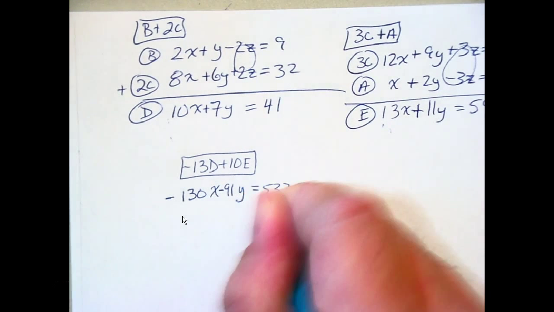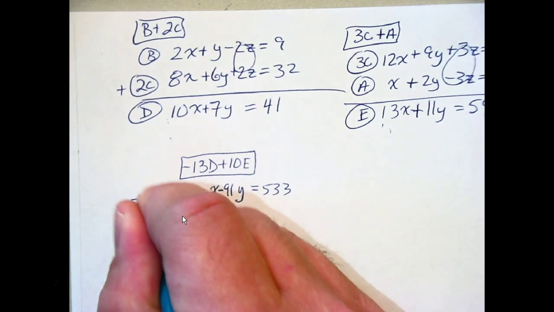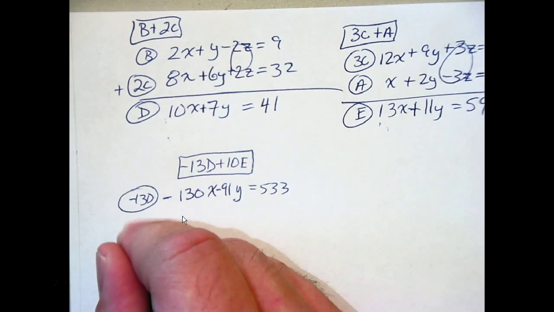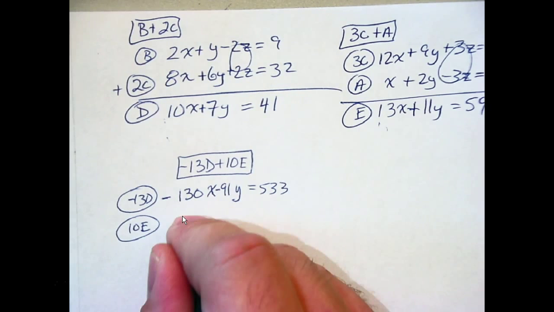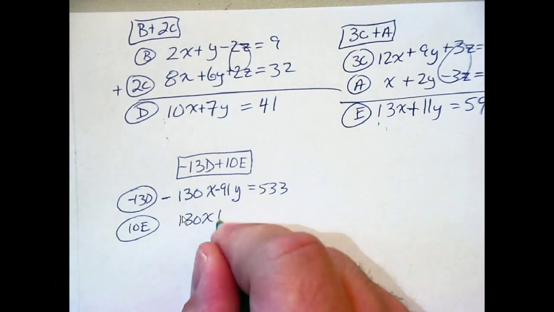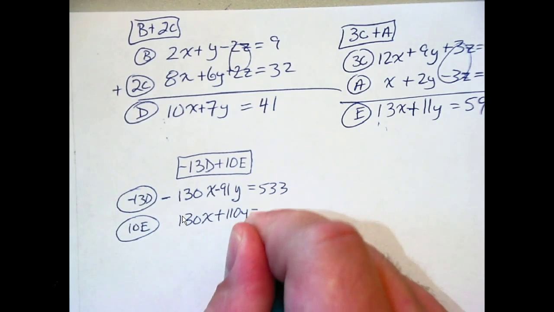So that is negative 13D. 10E, so we have 10 times 13, or 130x. 10 times 11 is 110, and then 10 times 59, 590.